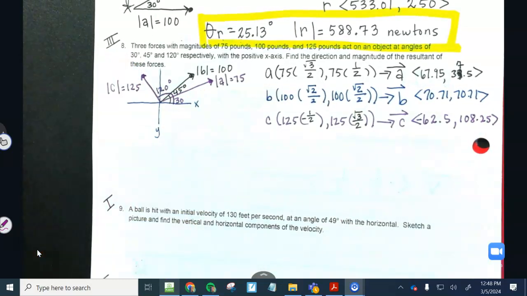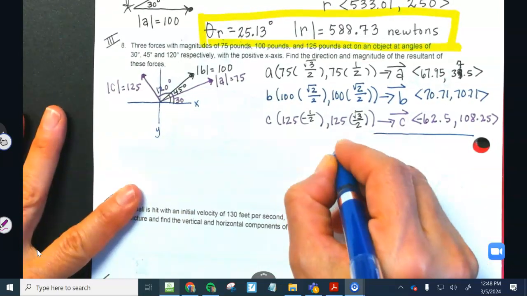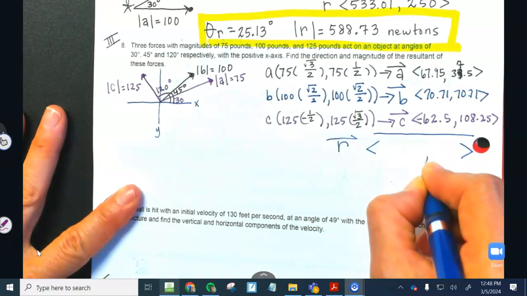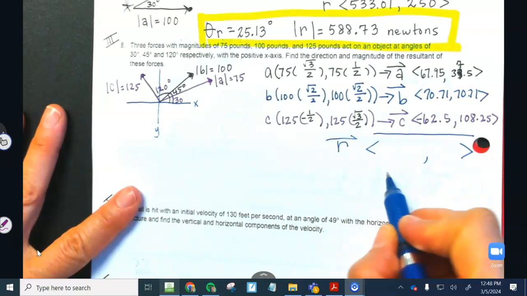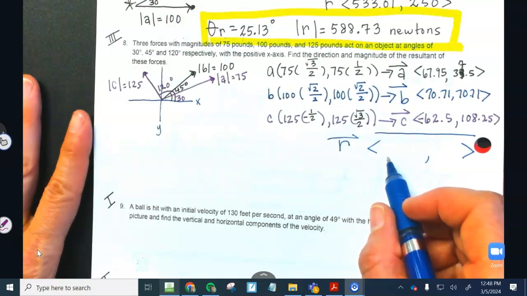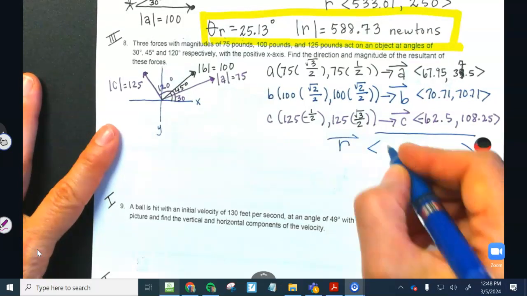All right. Have you guys added them up? I bet you're way ahead of me. I bet you already have vector R in component form. What's the first number? 73 point something maybe? 73.16.